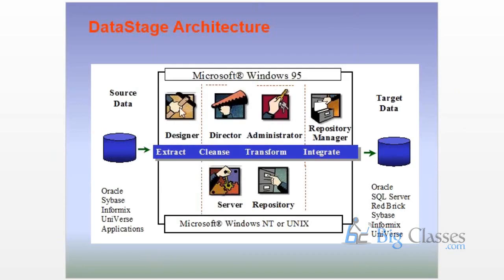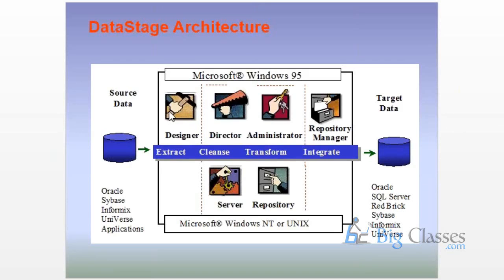Using that user ID and password, you can log into the designer tool and see your projects which have been created by the administrator. You can log into your project using designer, where you are going to create the DataStage jobs. DataStage jobs will be created under the designer client component under the projects.